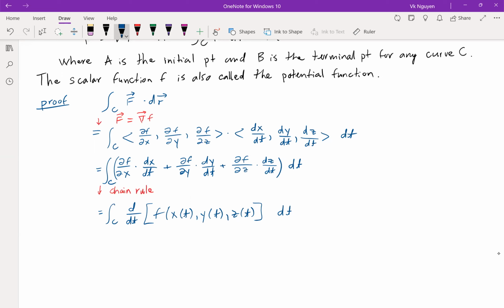Okay, so look at this thing here, f(x(t), y(t), z(t)). Well, it is exactly f of r(t) because we do parameterize this thing here. So the integral over C of d over dt of f of r(t).